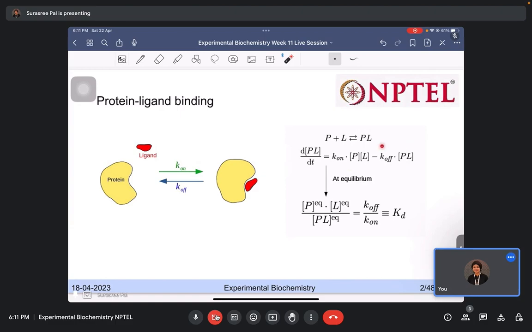So this is the equation that we can get when a protein binds to a ligand.